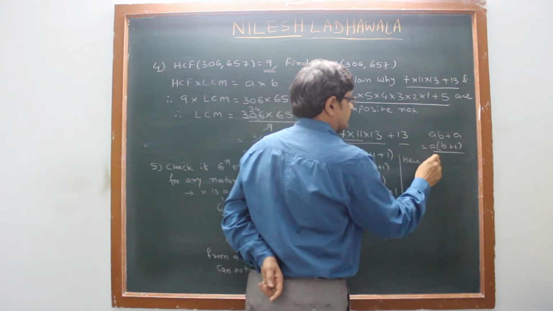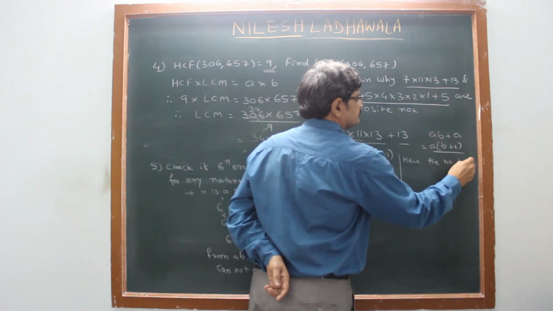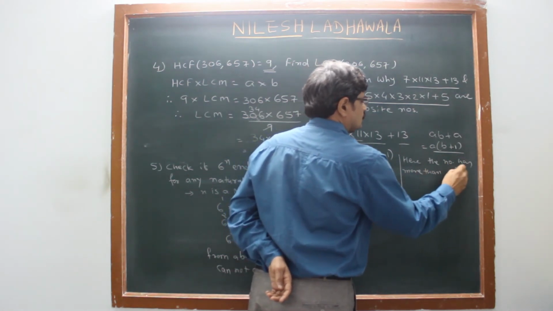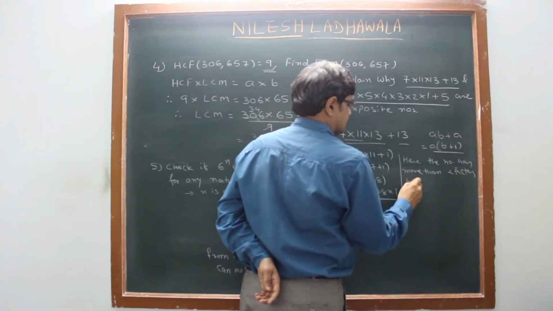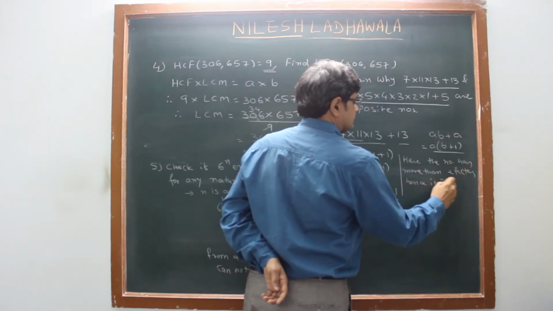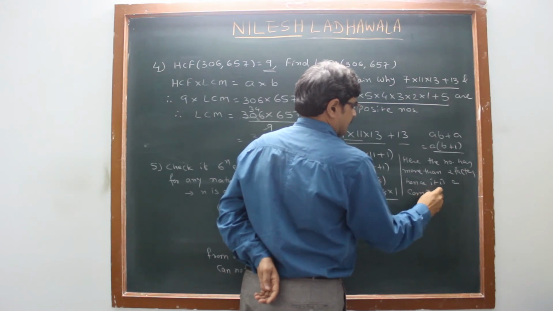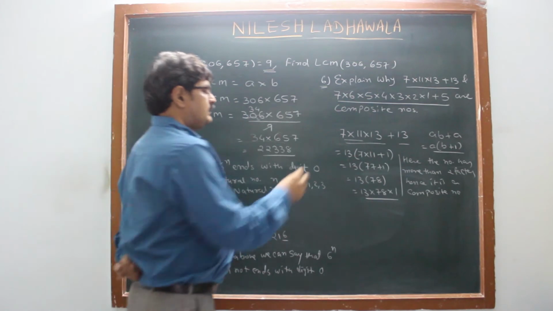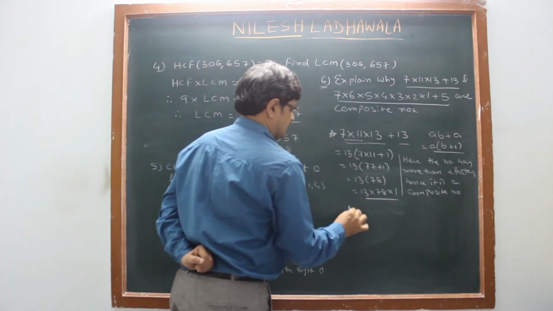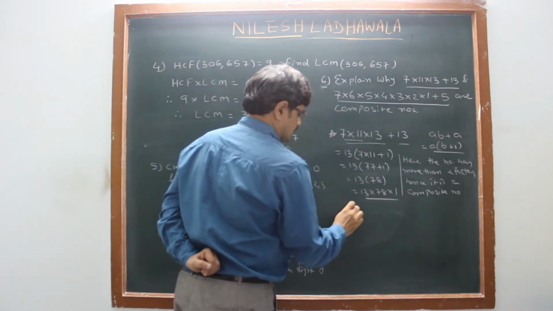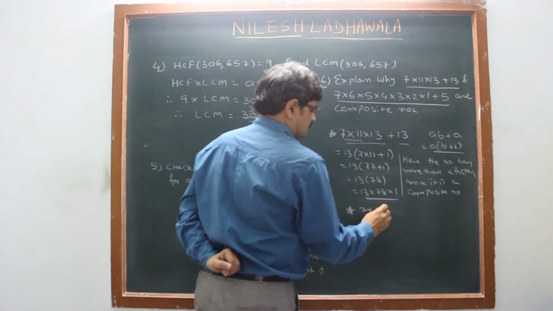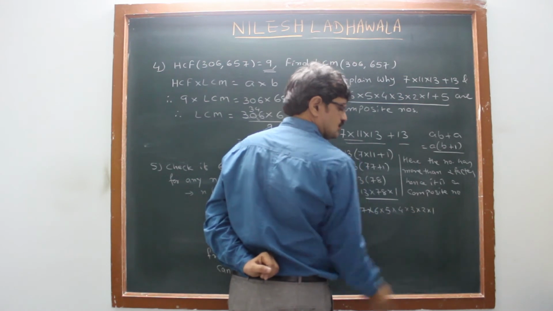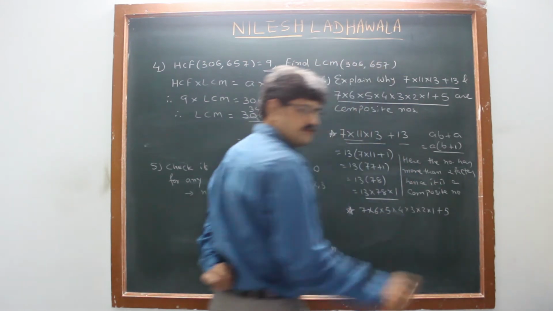The number has more than 2 factors. Hence, it is a composite number. Okay? Now the second one, which is 7 into 6 into 5 into 4 into 3 into 2 into 1 plus 5.